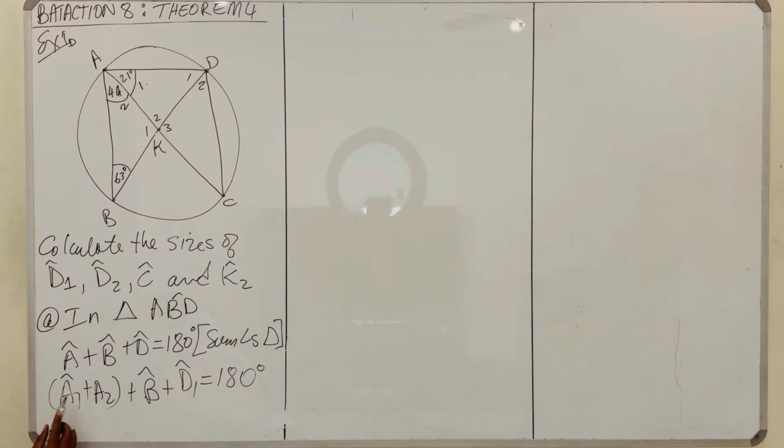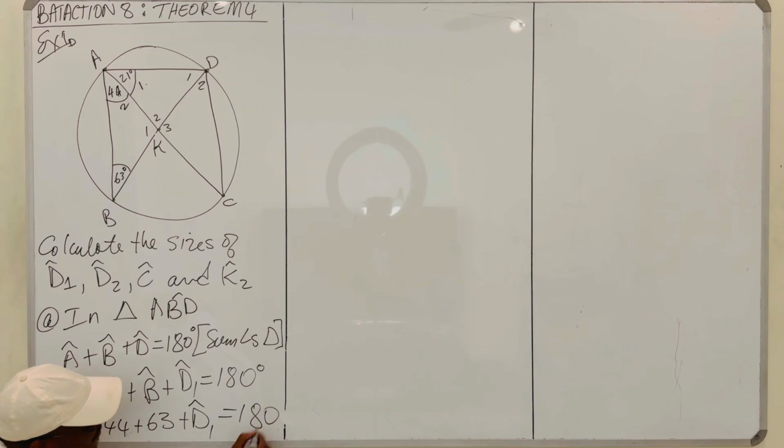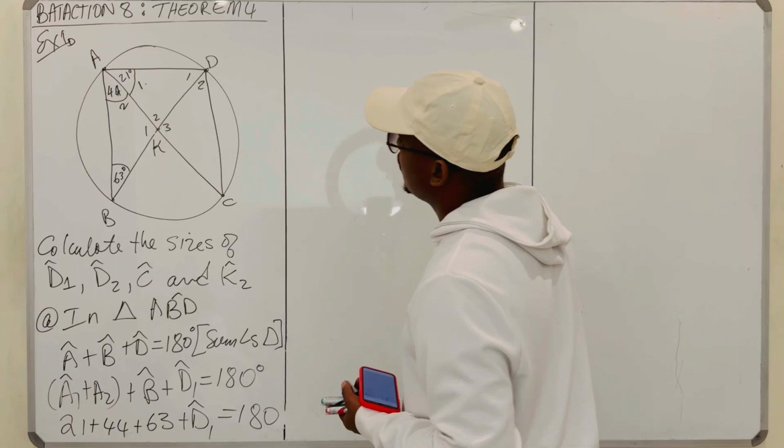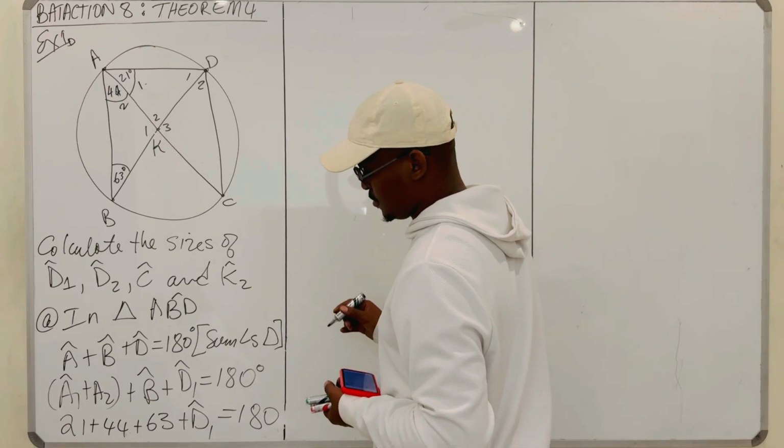Substituting A1 is 21, plus A2, which is 44, plus B, which is 63, plus D1, equals 180 degrees. What is the sum of these angles, 21, 44, and 63? 128.